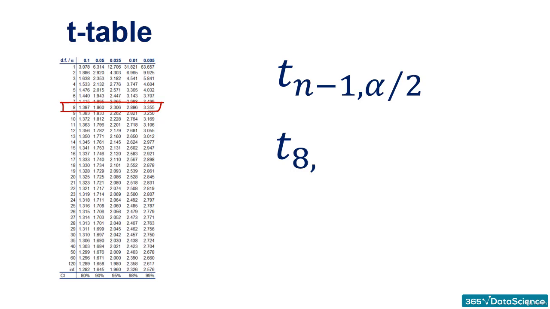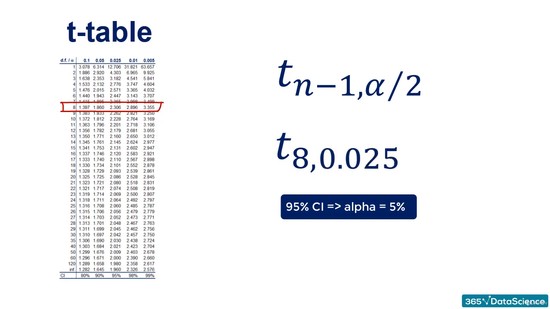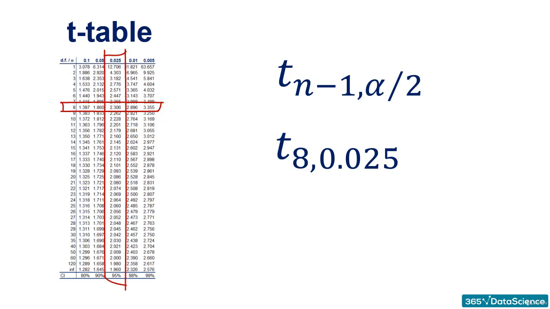In this example, we are going to use a confidence level of 95%. This means that alpha is equal to 5%. Therefore, half of alpha would be 2.5%. You can now see that the associated t-statistic is 2.31.